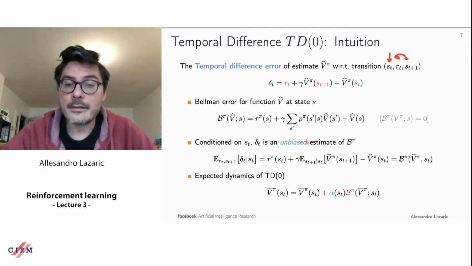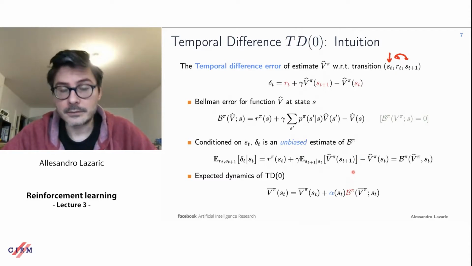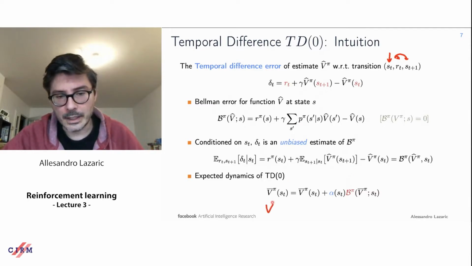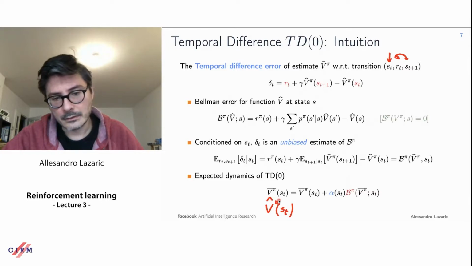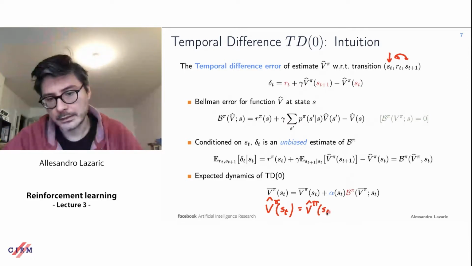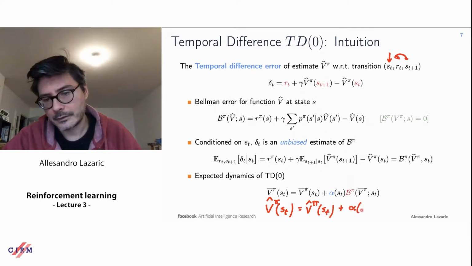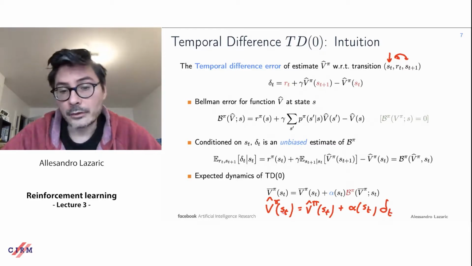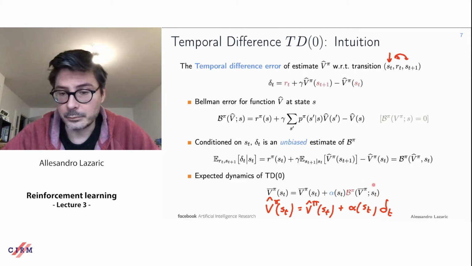And so on average, what the TD, temporal difference, algorithm is doing, remember that the algorithm is updating this by taking the previous estimate and correcting it by alpha ST delta T. Instead of doing this equation, on average, what I would be doing is this one.